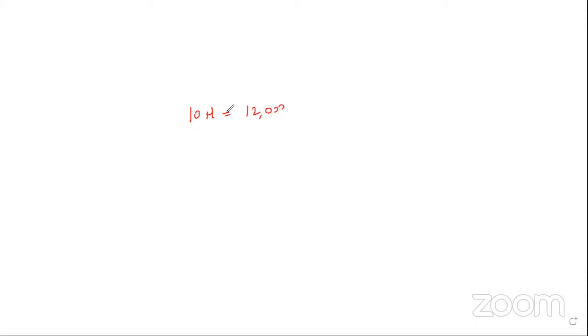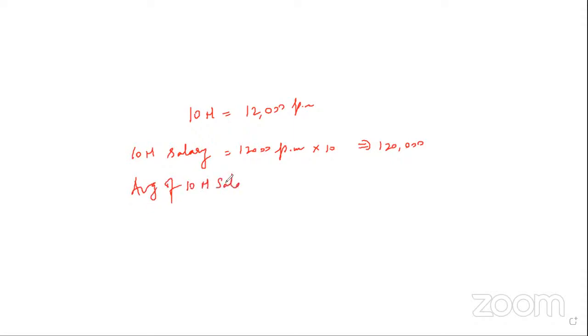So 10 months salary is 12,000 rupees per month into 10, which is equal to 1,20,000. Next one, the average of 10 months salary is going to be 1,20,000 divided by 10. It is going to be 12,000 rupees.